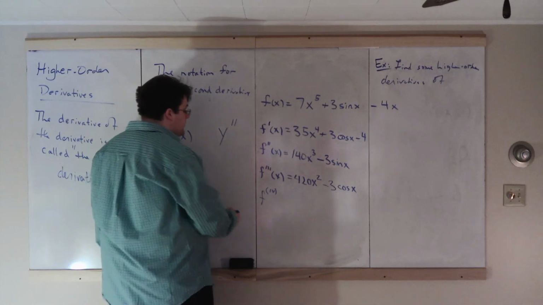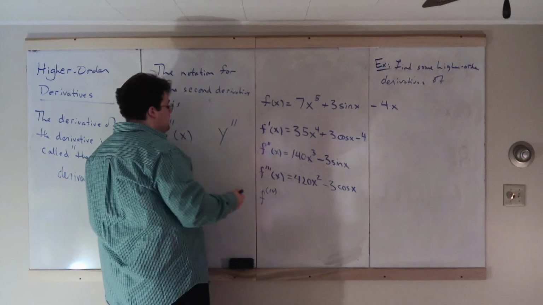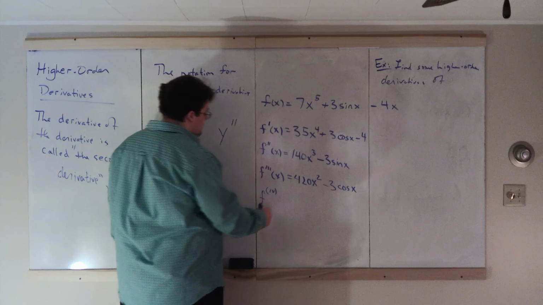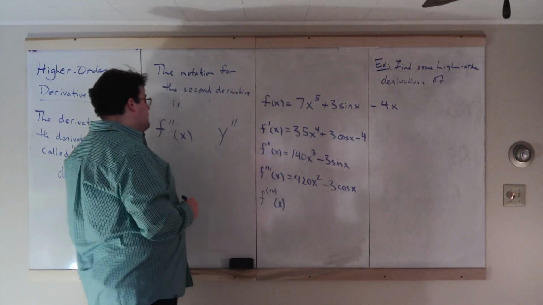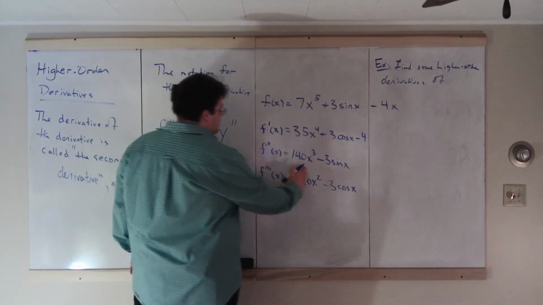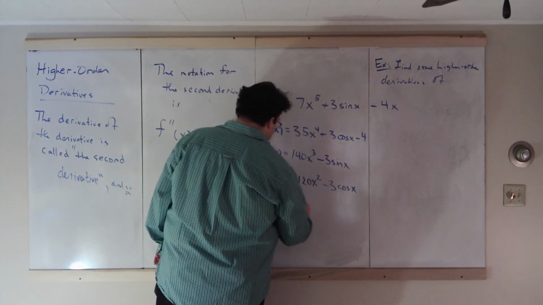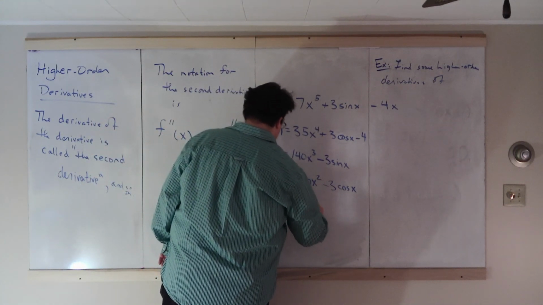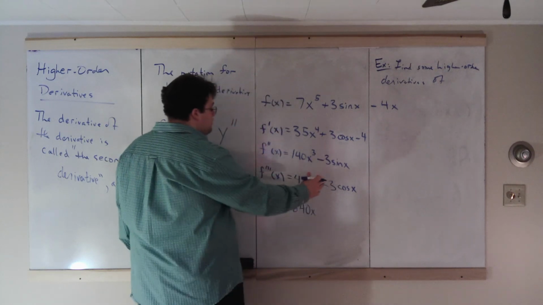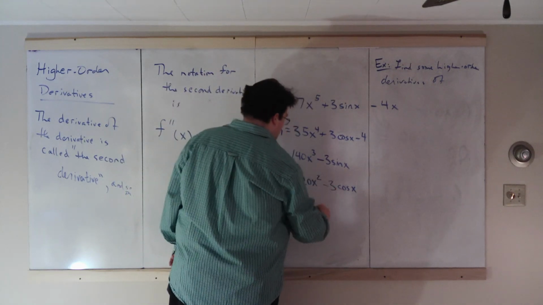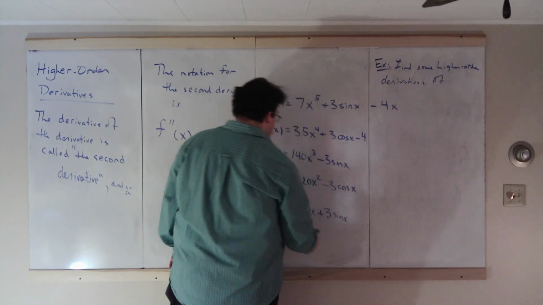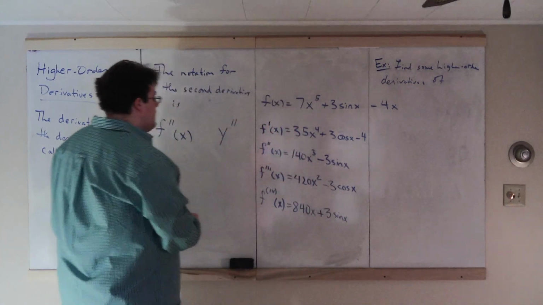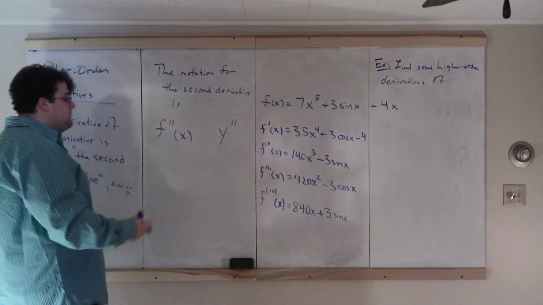These aren't Roman numerals up here, but for convenience, we'll write them like that once we get to the fourth derivative. Derivative of x squared is 2x. 42 times 2 is 84. Derivative of cosine is negative sine. So negative sine times negative 3 is positive 3 sine.